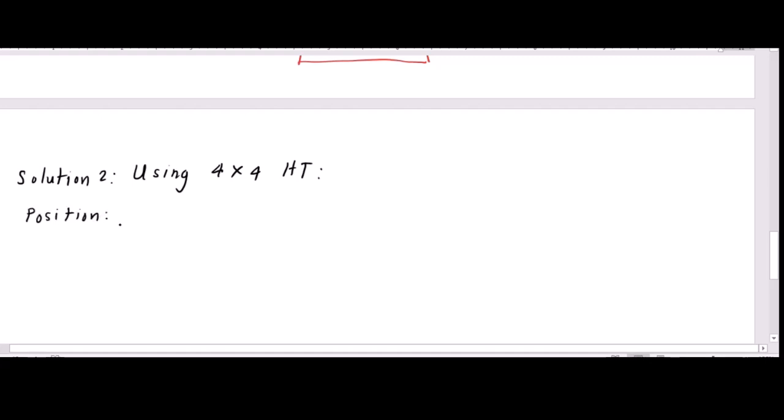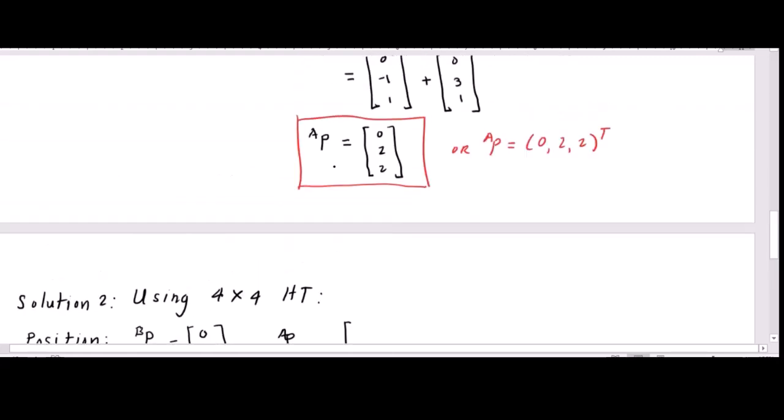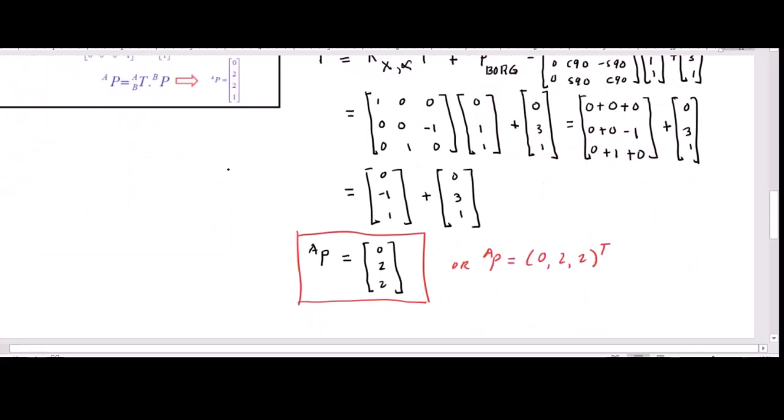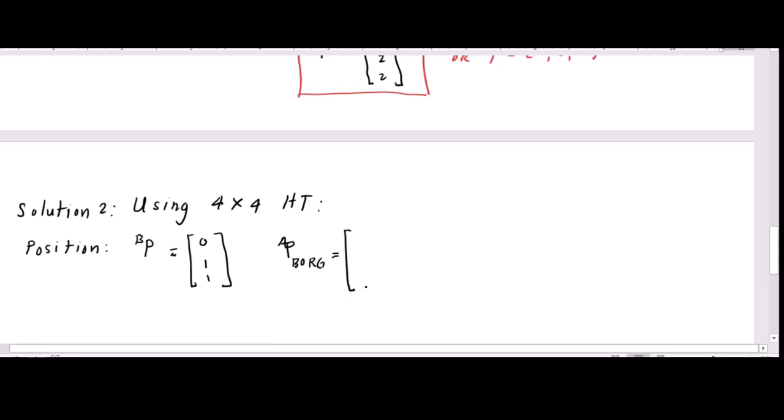I will write the positions. For the P to B, it was 0, 1, 1. For the P, B, O, R, G to A is equal to 0, 3, 1.